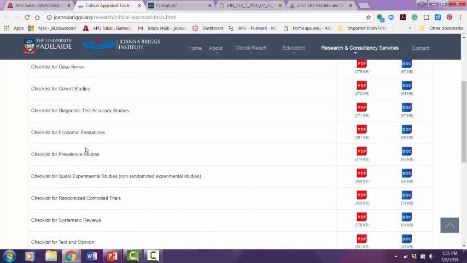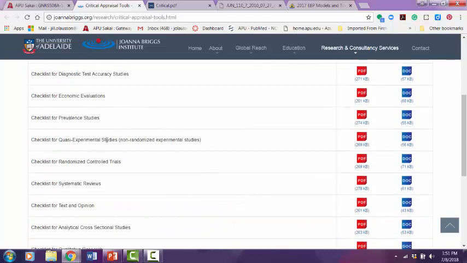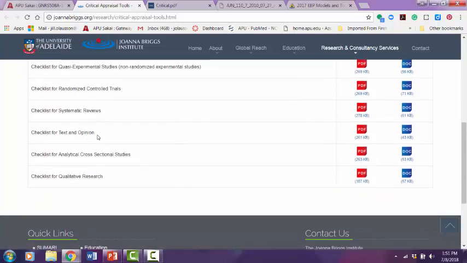I don't think we'll be looking much at that. Prevalence we wouldn't be looking at, but here's quasi-experimental, here's randomized control, systematic reviews, that's the one you used. Here's for expert opinion, cross-sectional studies, and then here's one for qualitative research.